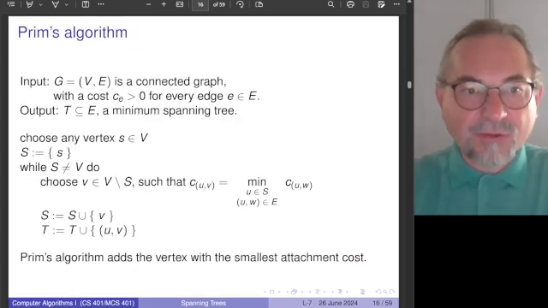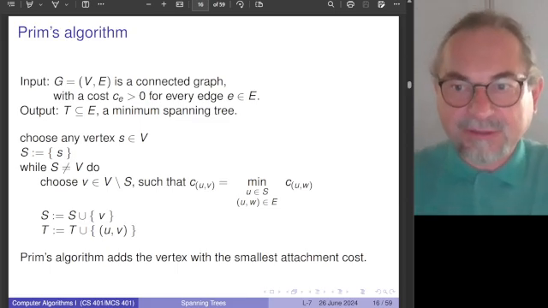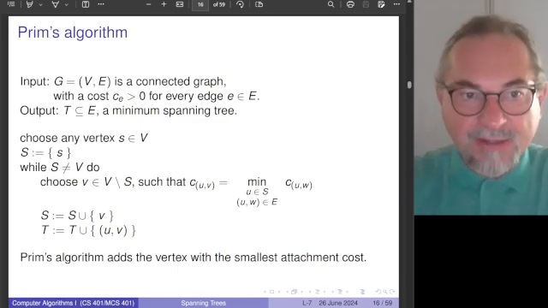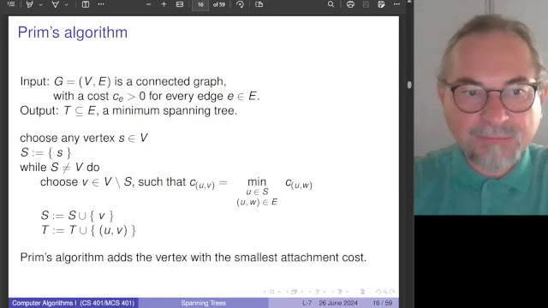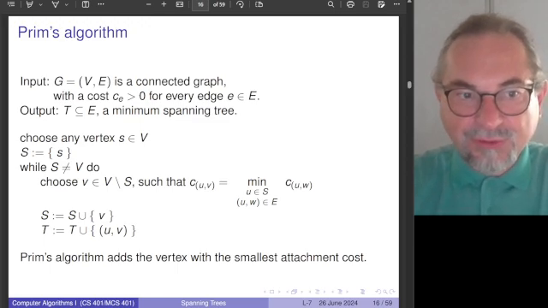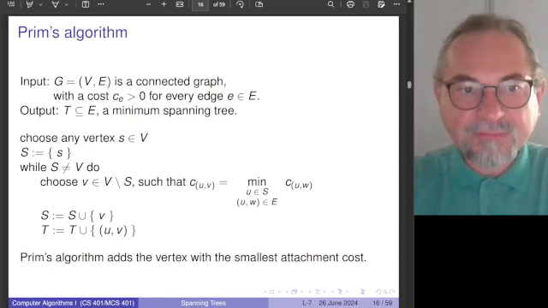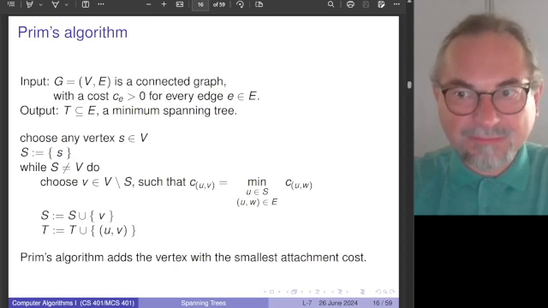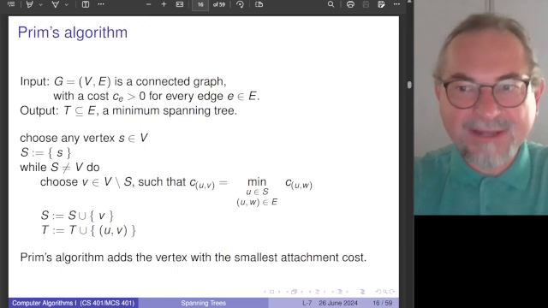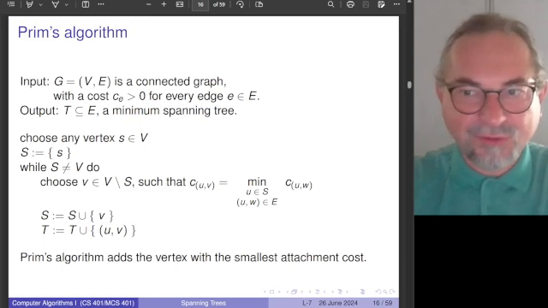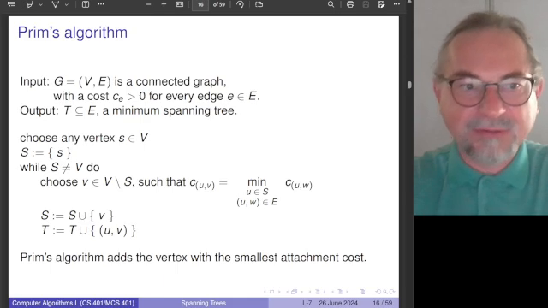The second algorithm is vertex oriented. So you have to make a spanning tree. What you actually do is you choose any vertex. Perhaps what I said earlier was not quite right, with Dijkstra's algorithm and the source.